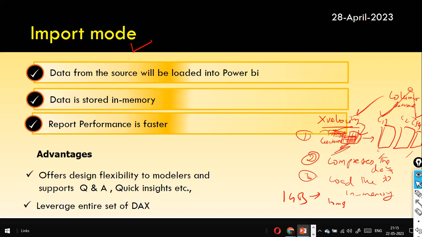The other advantage with import mode is you can use all DAX functions. DAX stands for Data Analysis Expressions. They have already given a lot of built-in DAX functions, so you don't have to write lines and lines of code.